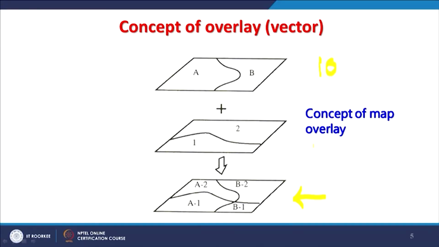Why am I discussing this? Because in real GIS operations, each map, each layer may have tens of polygons. If I have, say, 10 polygons here and 10 polygons here, you may end up with even 100 polygons depending on the shape of the polygons. That map may become a little complicated.